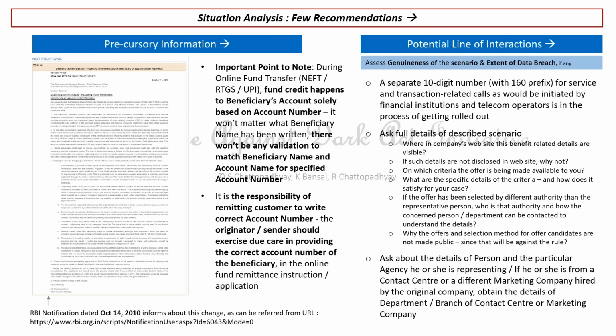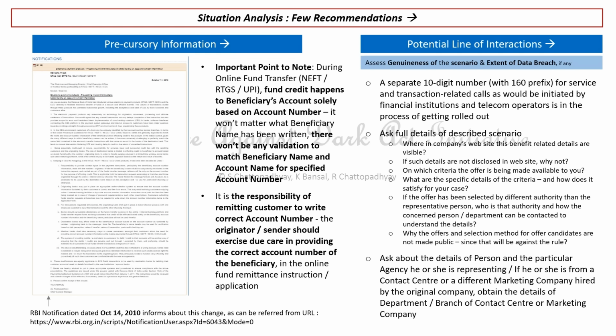All financial institutions making service and transaction related calls will have to use these 10-digit numbers that start with 160. So if you're receiving a call which is not starting with this number, you have every reason to be suspicious about the call, every reason to check the legitimacy of the caller.